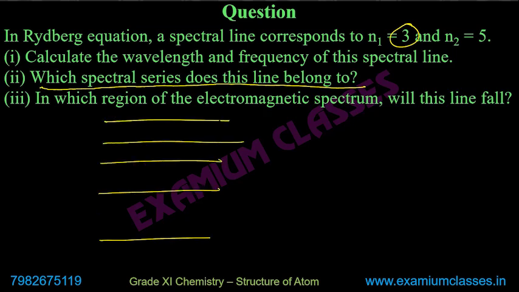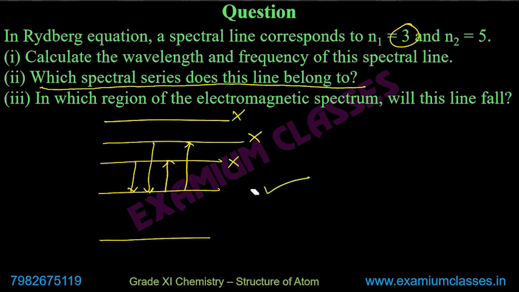The transition is always from higher to lower. So if I say Balmer series, for example, then I will consider transitions from higher levels. There will never be any transition from a lower one. It means the lower bound will decide the series. Only the lower bound will decide the series.